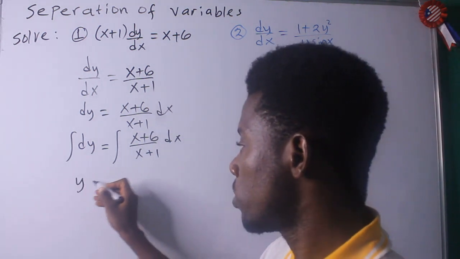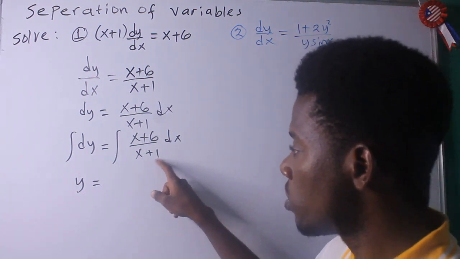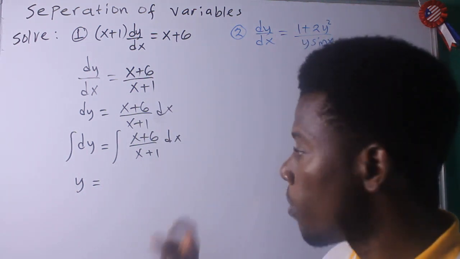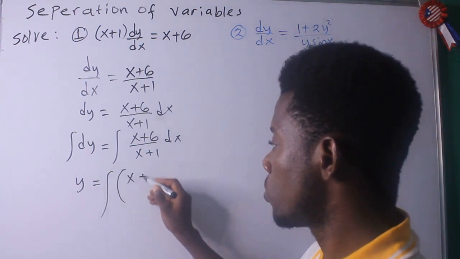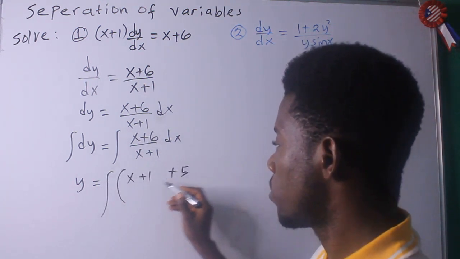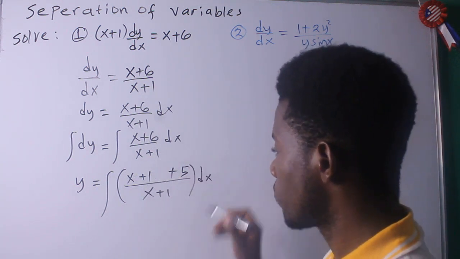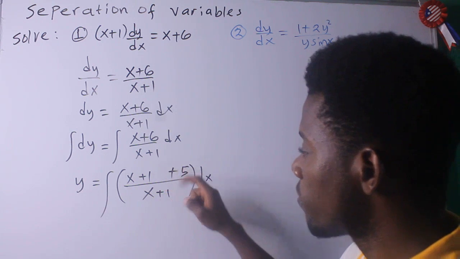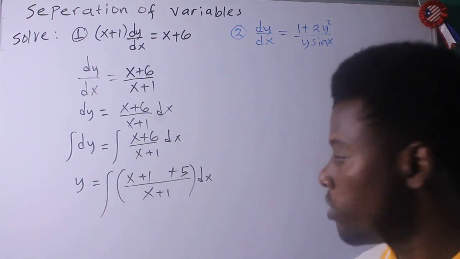So y is equal to, now for this side, we have an x + 1 in the denominator. So I'm going to write x + 6 as the integral of ((x + 1) + 5)/(x + 1) dx. So 1 plus 5 is going to give you 6, so you are going to have x + 6 right there.